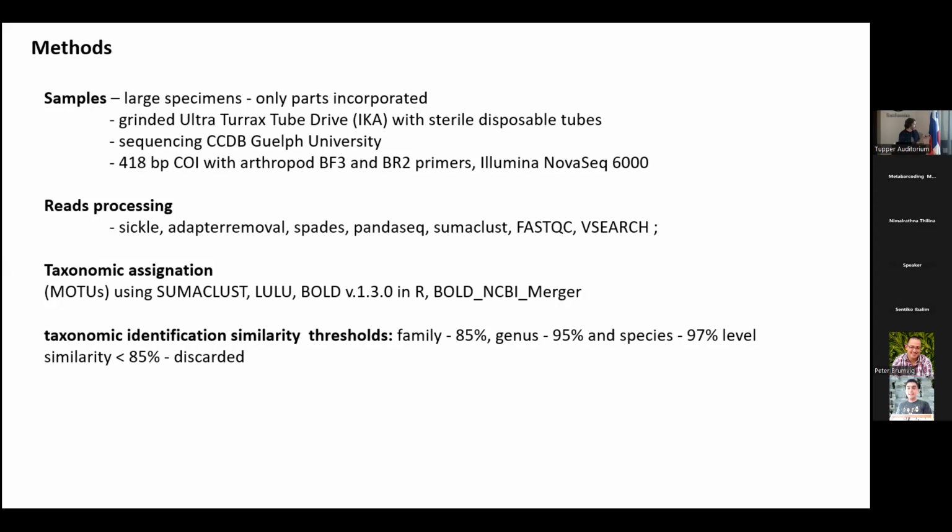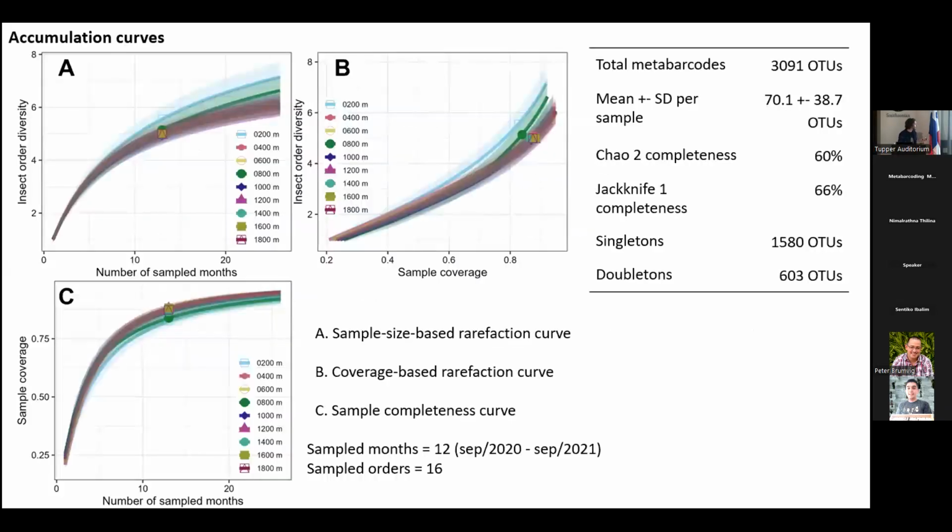We assigned species or OTUs. OTU assignment was with a 97% threshold, but we also played a little bit with the parameters, but that's the data I'm going to show today. And then 95% and 85% similarity at the genus and family level, respectively.